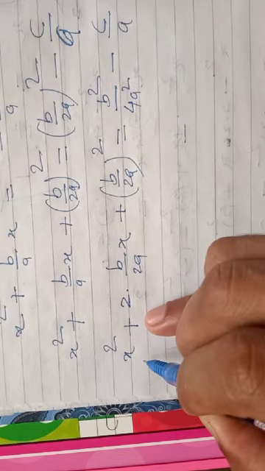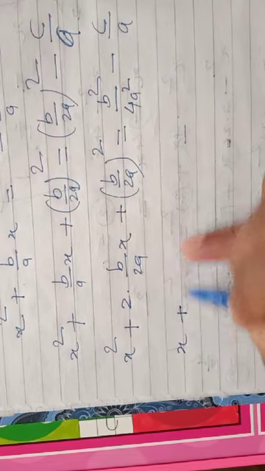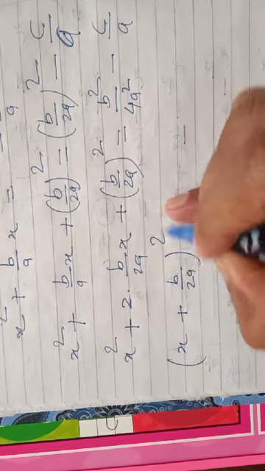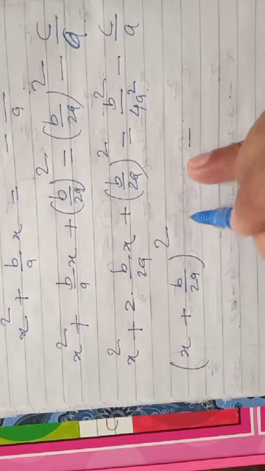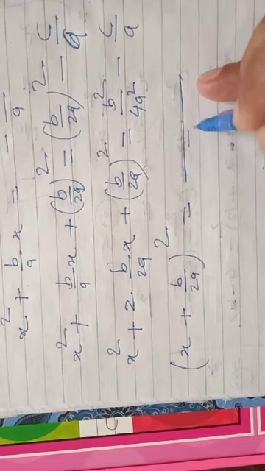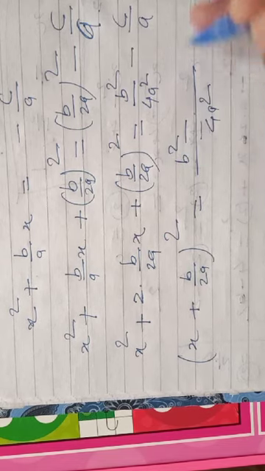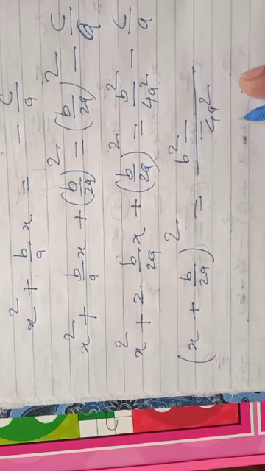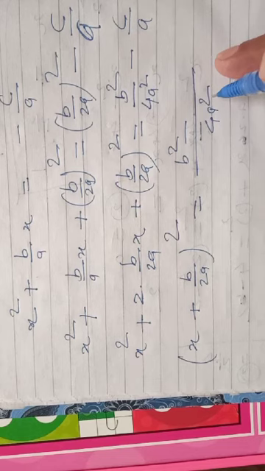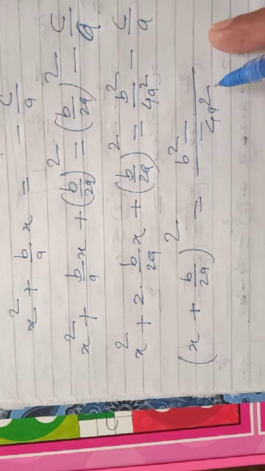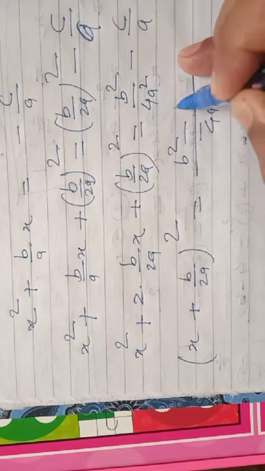Now that is the identity a square plus b square plus 2ab. It means the value of a is here x, and the value of b is here b upon 2a, and that will be the whole square of x plus b upon 2a, is equal to, take the LCM, 4a square. So that will be b square minus 4a square divided by a, then the value will be 4a only, because from a square a will be completely divided, the remaining part will be 4a. So you should multiply 4a by c, so 4ac.